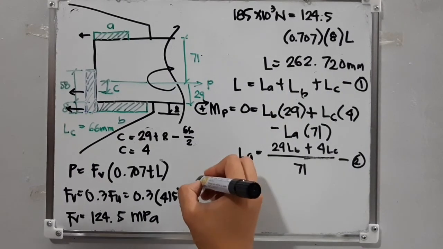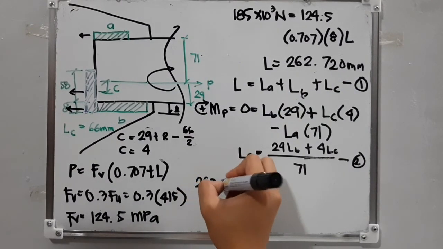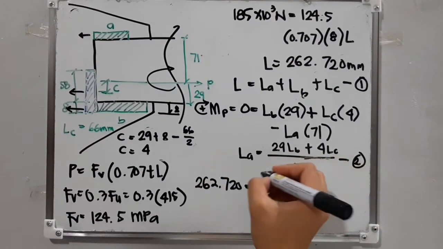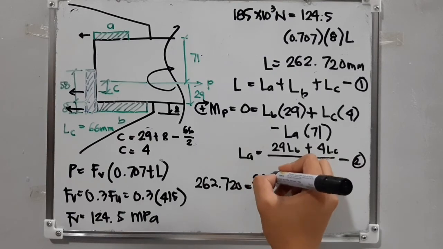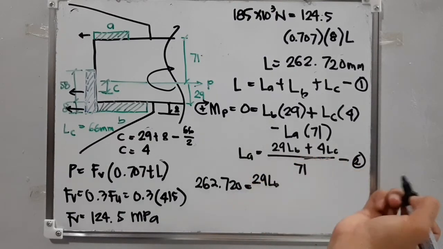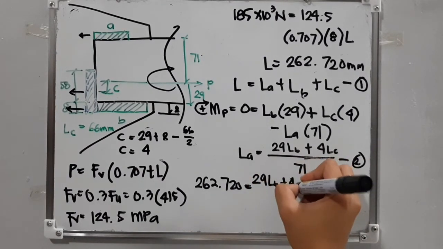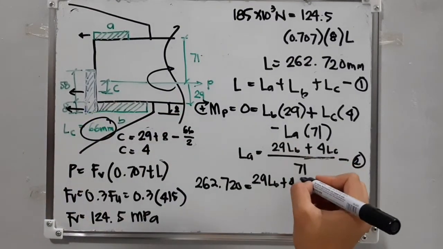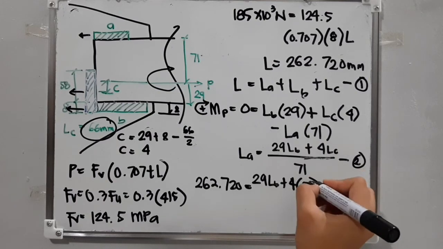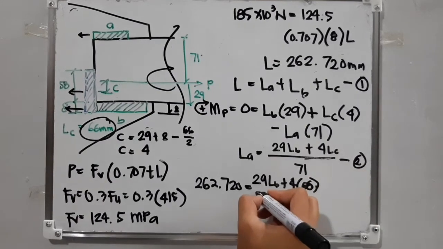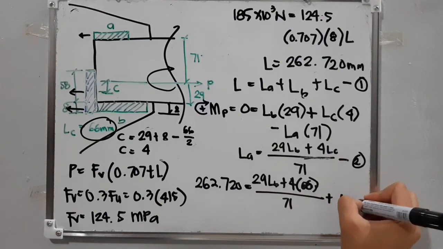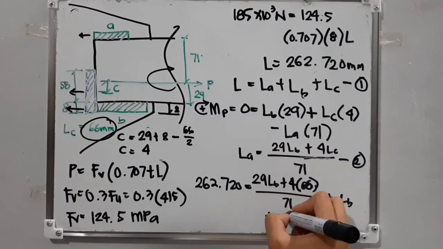Our length is 262.720. Our LA is this, 29 times length B plus 4 times length C, which is 66, over 71, plus length B plus 66.